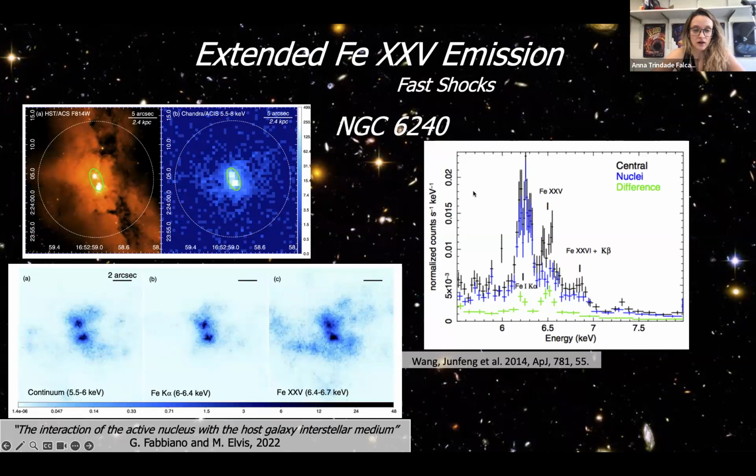And this is NGC 6240 and was studied by Yang et al. in 2014. And in this paper, they relate the extended iron 25 emission that they discovered to shocks due to the radio jet in that narrow-line region.